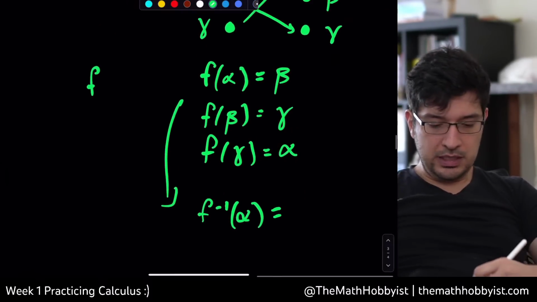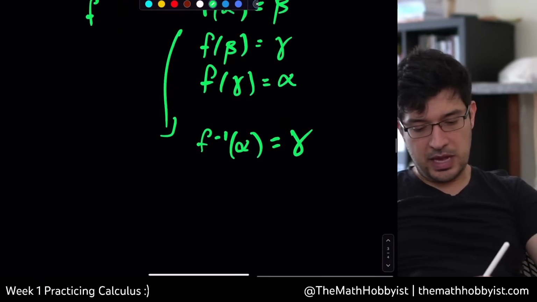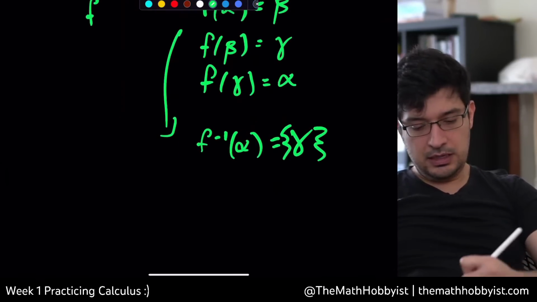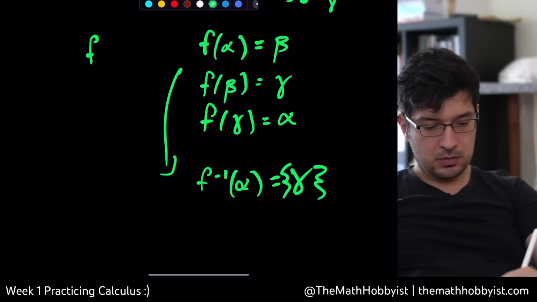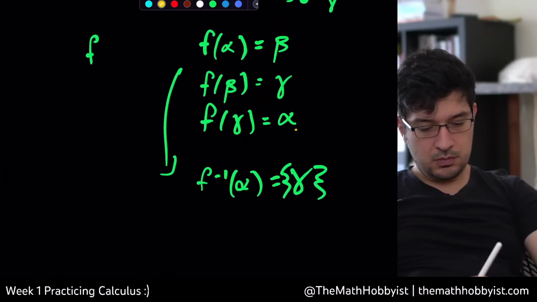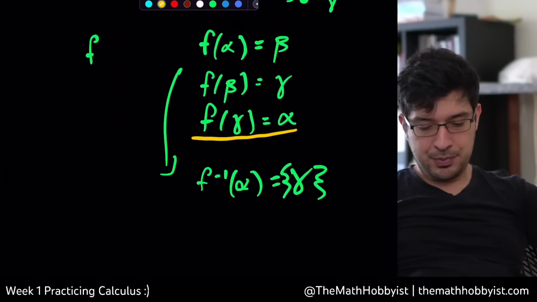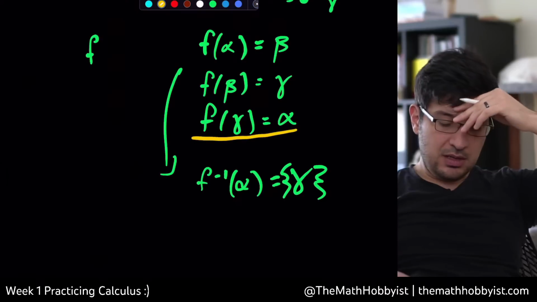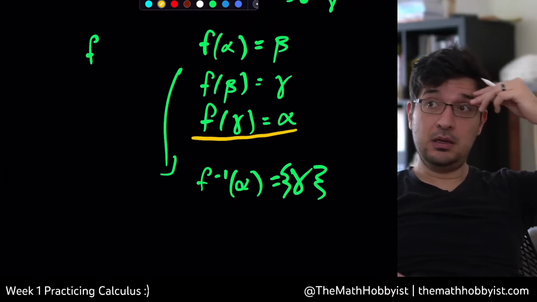Well, there's only one thing that gives you alpha. It is gamma. This is the only map, the only directions that lead you to the output alpha.